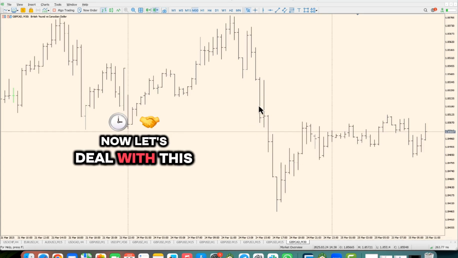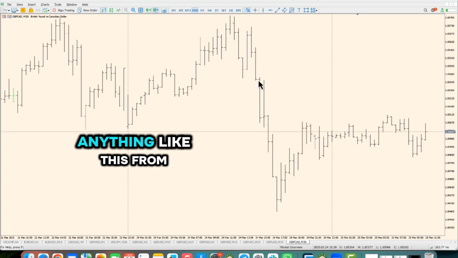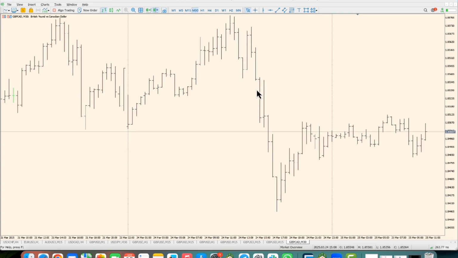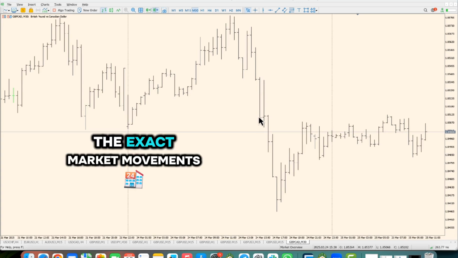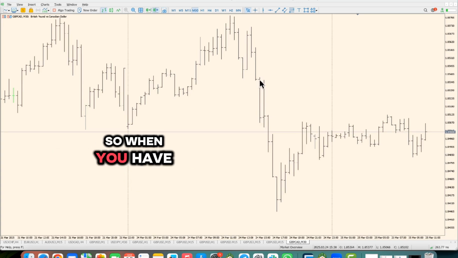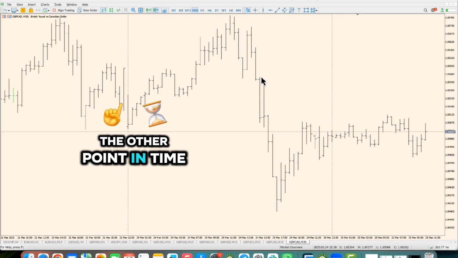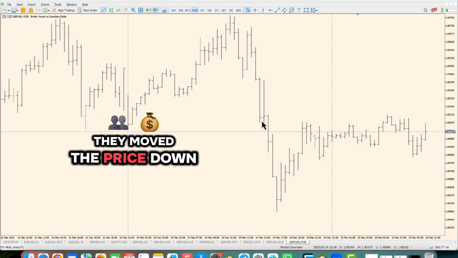Now let's deal with this. When the market creates anything like this, any part on the left where you see the stroke means that is where the market is opening from. Then when you have the long wick or short wick, it means that is the exact market movement. So when you have it above the opening price, it means the market was there at the point in time they moved the price down.